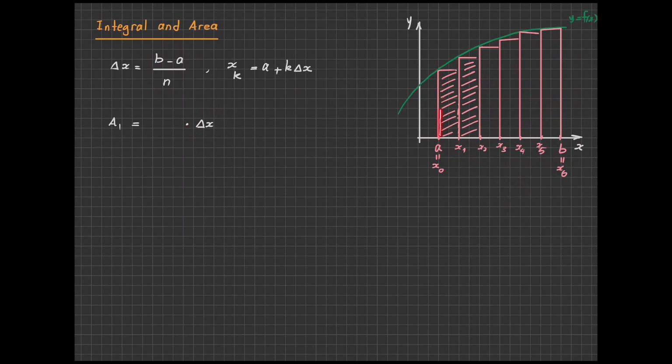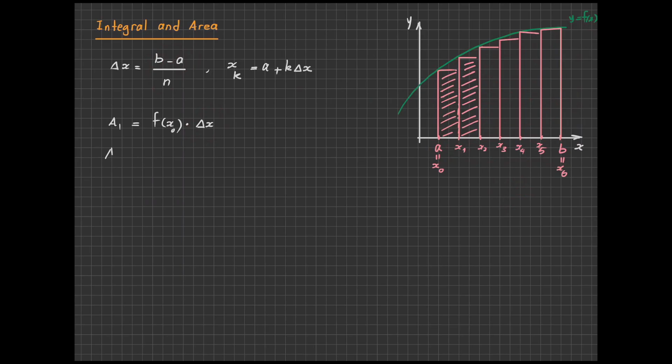If I ask you how much is this, you will tell me that, okay, the x coordinate is a, I feed it into the function, what I get is the height of this rectangle. Is that right? So this is just f of a. But instead of f of a, to be consistent, I write f of x naught, yes? This is a1.